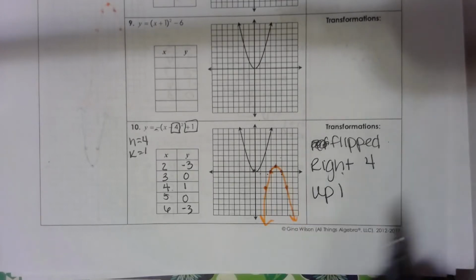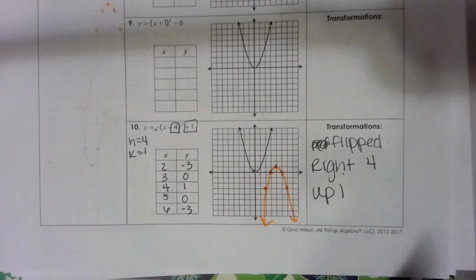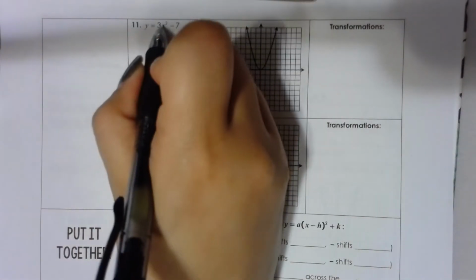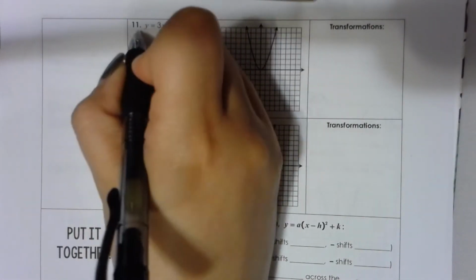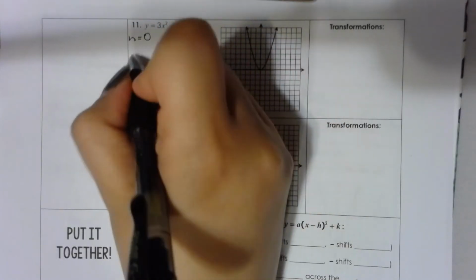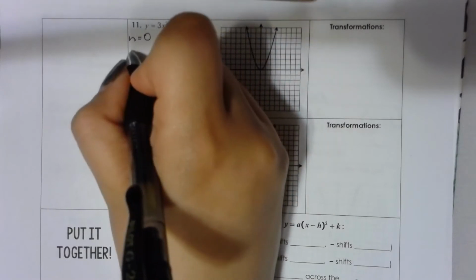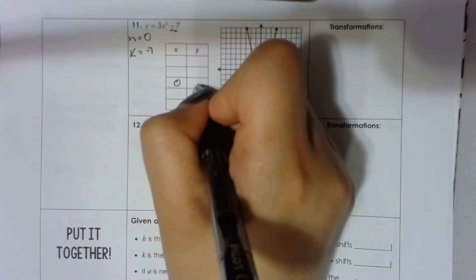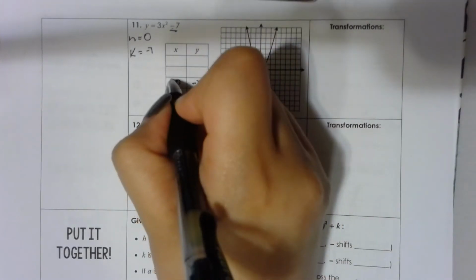Okay, and then doing number 11, remember if there's nothing inside of your parentheses and it automatically goes to x squared, then your h is 0. And then here we have our k of -7. So placing 0, -7. Then we would have -1, -2, and then 1, 2.